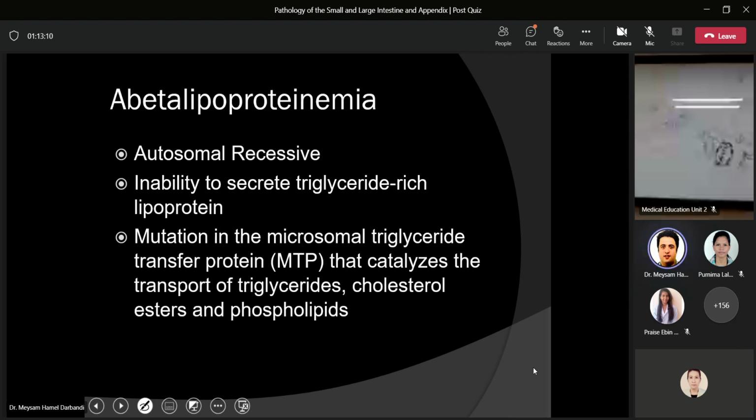If I don't have ApoB48, can I make the chylomicron go out? So simple. How about ApoB100? What's the job of ApoB100? It's in the liver. And what does ApoB100 do?